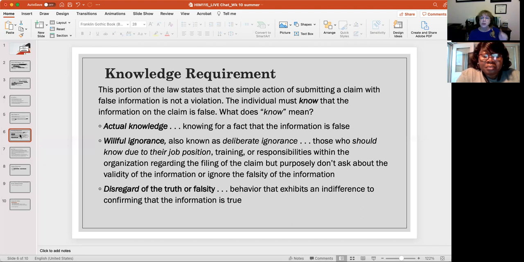Okay, so there are 3 definitions of knowledge. Actual knowledge, which is knowing for a fact that the information is false. Now, when it comes to coding and billing in healthcare, this becomes a little bit of a gray area, because if you're not in the exam room watching the doctor give that patient that injection, you don't know if the documentation says the injection was given.